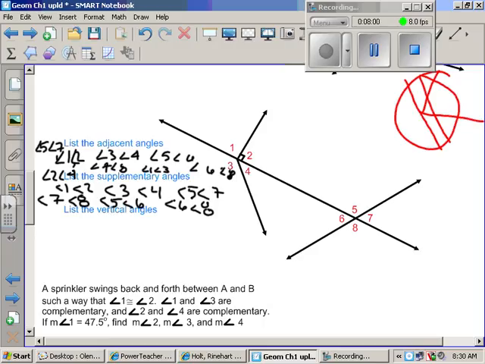Good. Any others? Why not angle 1 and 3? Yeah, it doesn't make a straight line here, right? So these two make more than 180. Good.